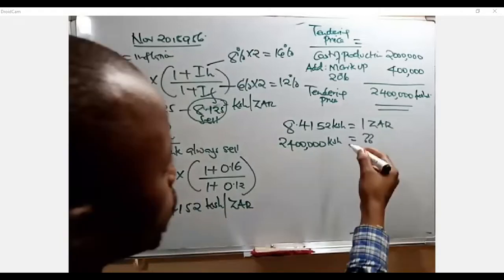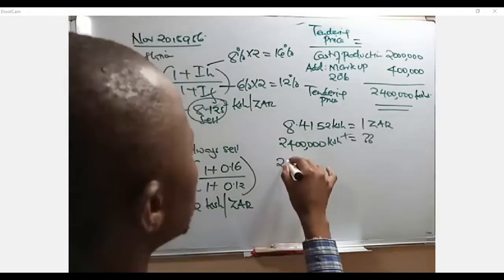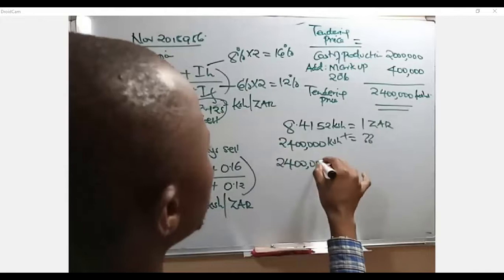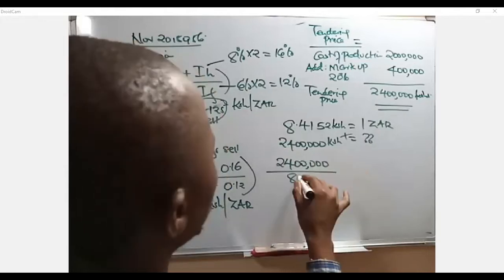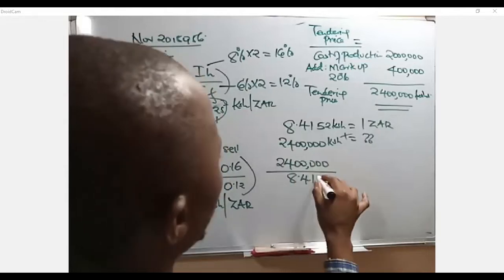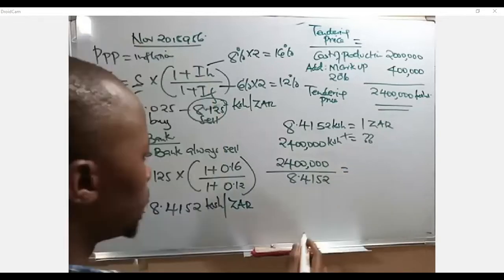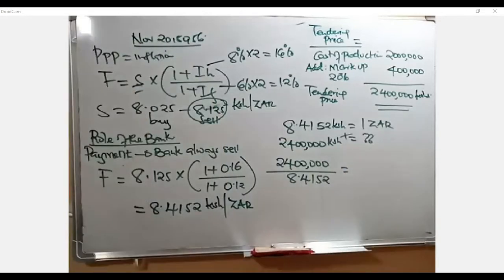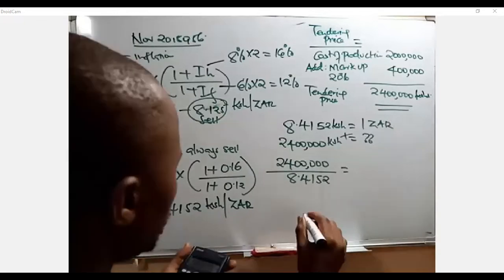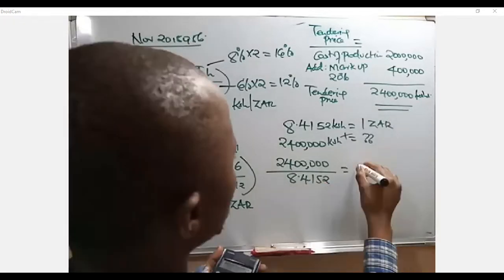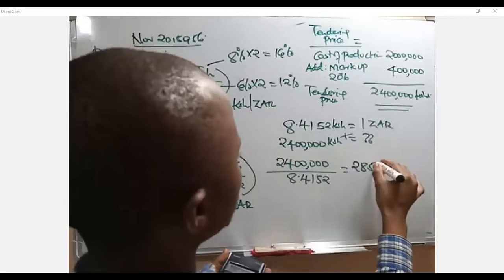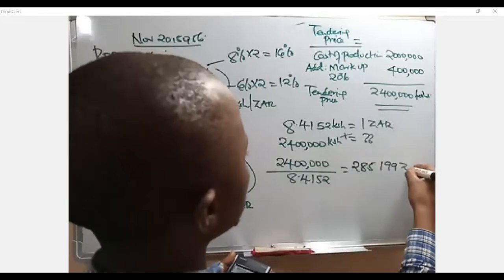If you cross multiply here, you take 2.4 million and divide by 8.4152. How much are we getting here in South African rands? So 2,400,000 divided by my answer, and you are getting 285,199 ZAR.